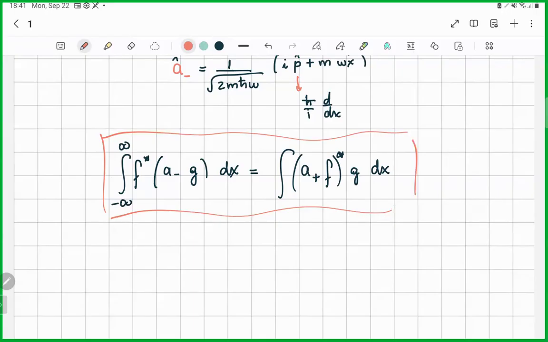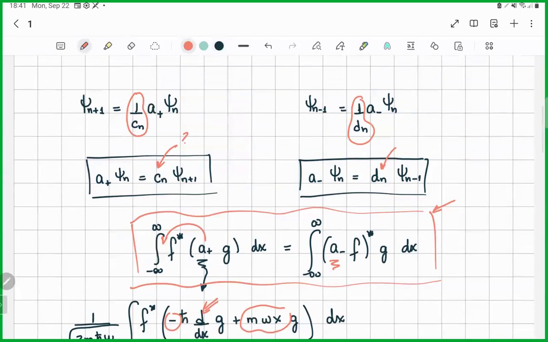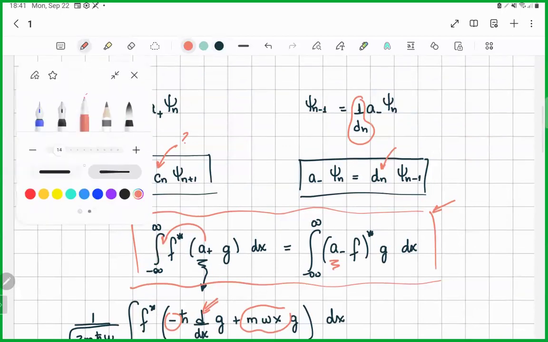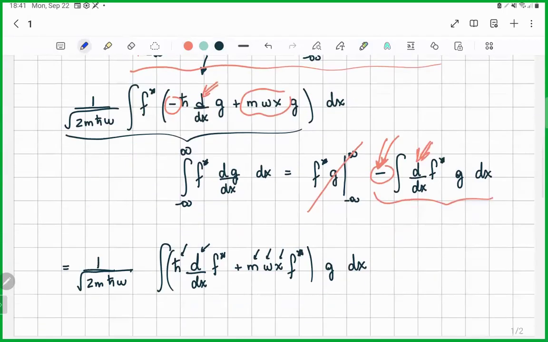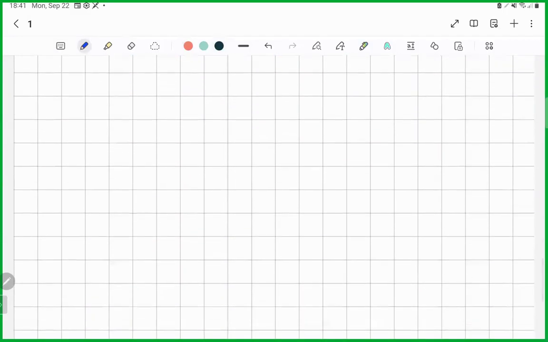Now, having these two relationships, let's continue. Remember, don't get lost. What we want to find, let's go up here, is this Cn and this Tn. So I'm going to start from this side. I want to find this Cn. So let me rewrite this equation.